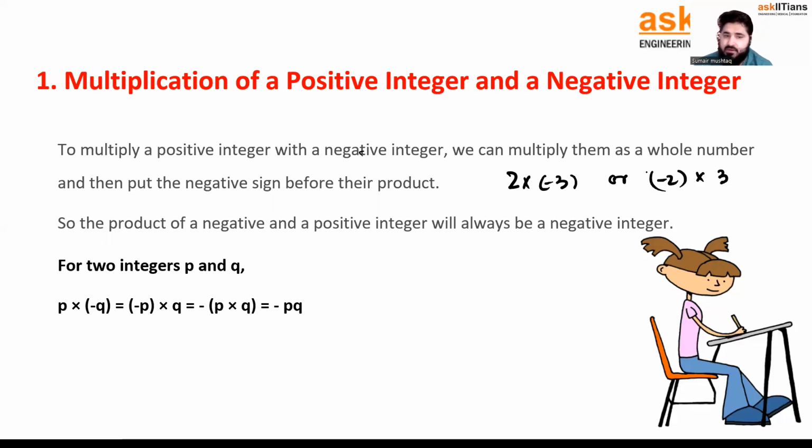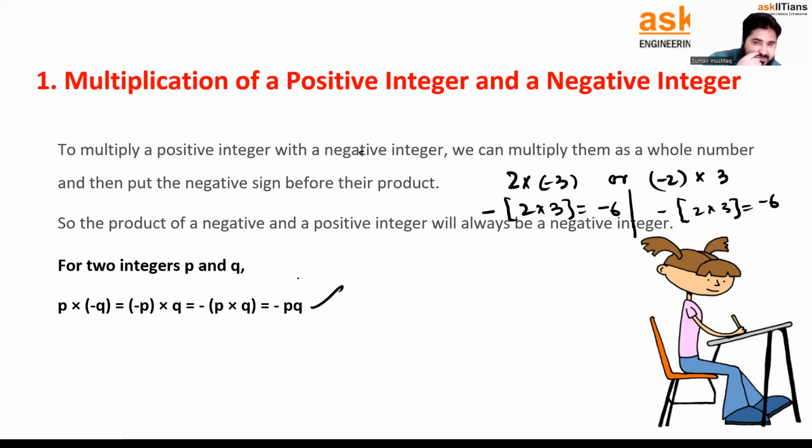We have to do nothing, you just have to put this negative sign outside, provided the negative is only once. So 2 multiplied by 3 is equal to negative 6. Or in this case, the negative sign is outside, 2 multiplied by 3, that is also equal to negative 6. Is that thing clear? This is the illustration which is being given, that you have to put the negative sign outside and perform the multiplication of the integers. I hope this is clear to you.